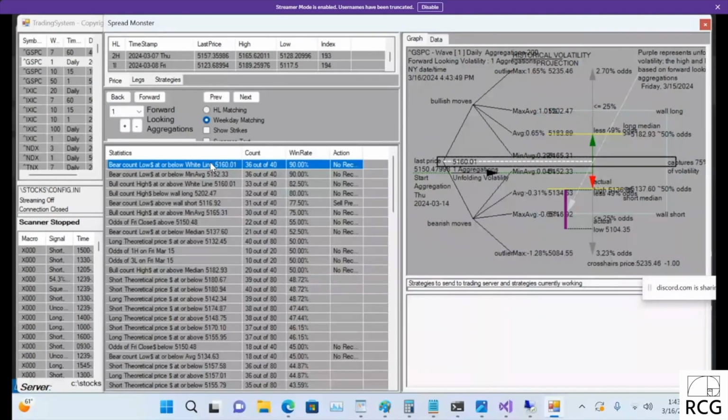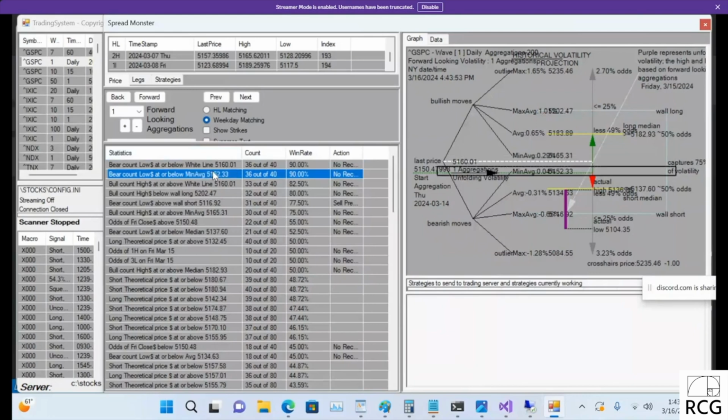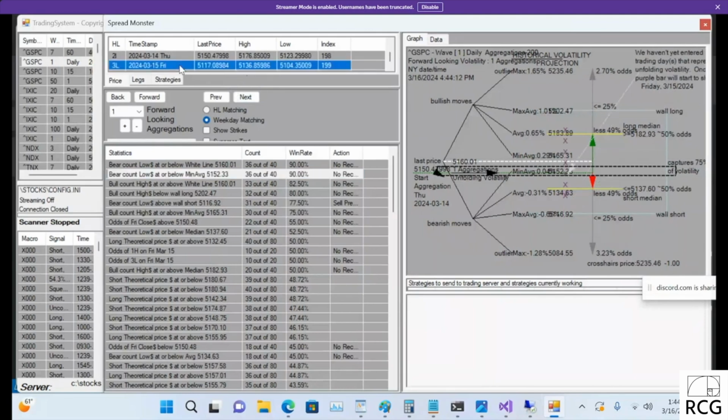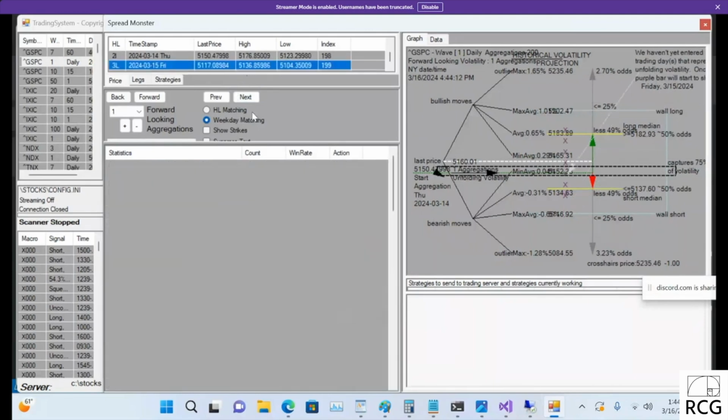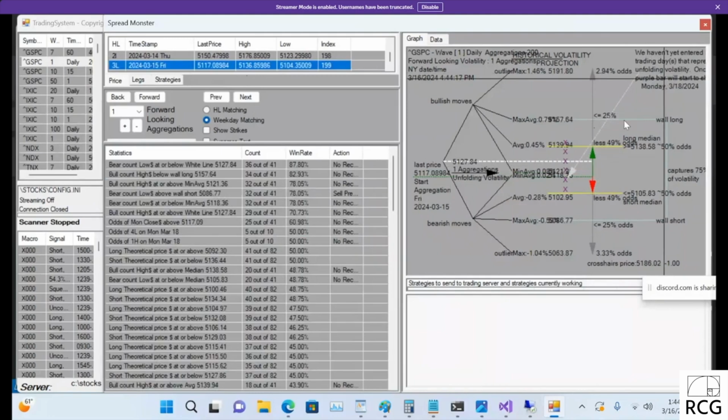When I click on that, it puts a box around it to highlight where it is on the graph. 90% of the time, the bear count is at or below the minimum average. And this is for Monday. Excuse me, am I on Friday? Sorry, let me get on Friday. Okay, so this is for Monday.